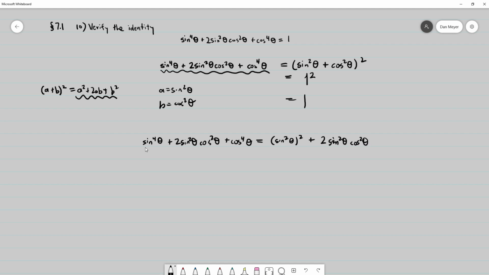And the challenge here is we're going to use the Pythagorean identity, but it might be hard to see where we should use it. I'm going to go ahead and leave cosine to the 4th theta alone out here. I'm going to turn this sine squared theta into 1 minus cosine squared theta using the Pythagorean identity. And I'm just going to leave everything else out here alone.